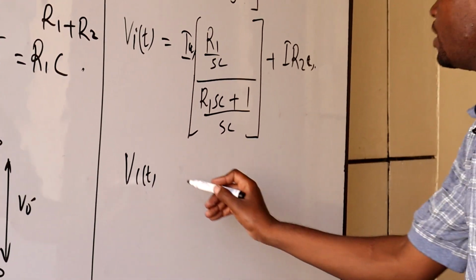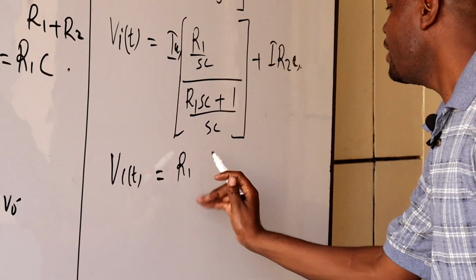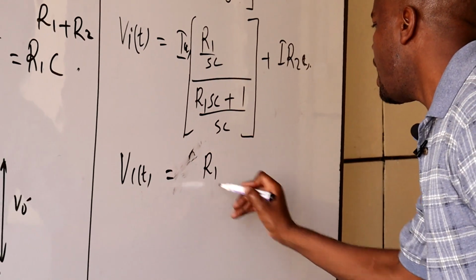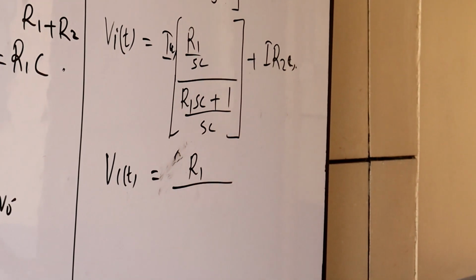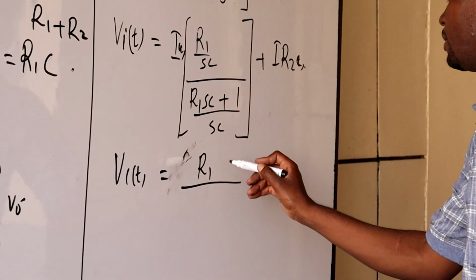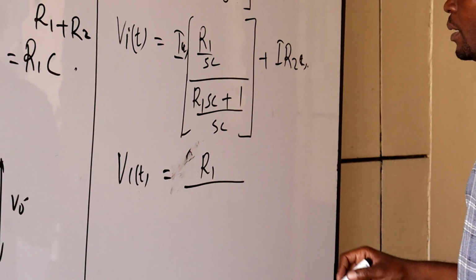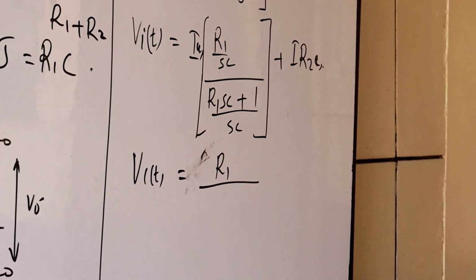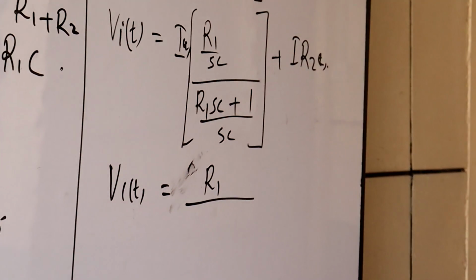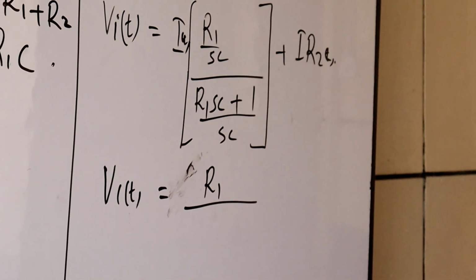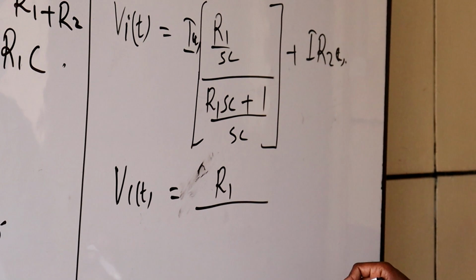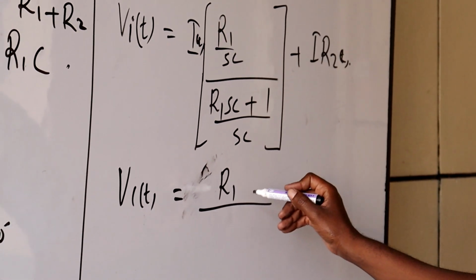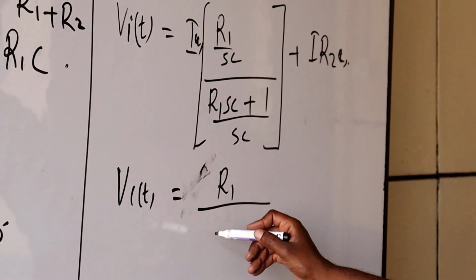Vi of t is going to be R1, we can have it here, R1 all over R1 SC, because that is going to multiply that. It's going to be R1 SC, of course, R1 all over.